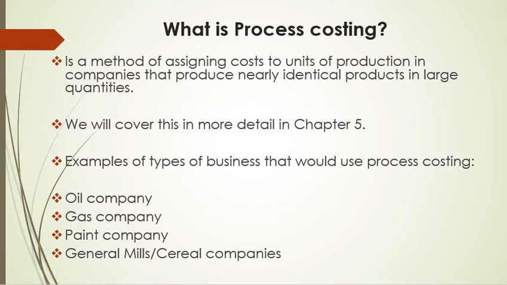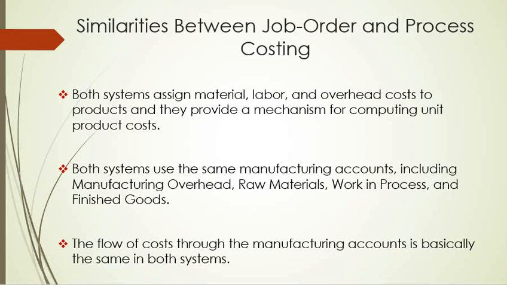Types of companies that would use process costing are oil companies, gas companies, a paint company, cereal companies, General Mills. They'll use process costing. There are similarities between job order and process costing. They're both going to assign direct materials, direct labor, and overhead.